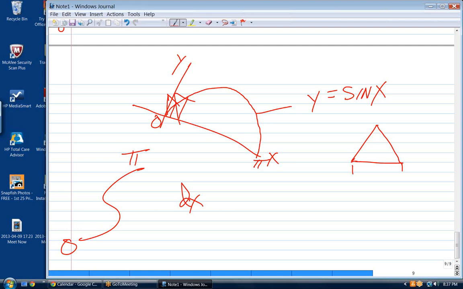The base of this triangle is sine x. So what is this height? Because the area of this triangle is 1/2 the base times the height. So if the base is sine x, what's this altitude equal to?